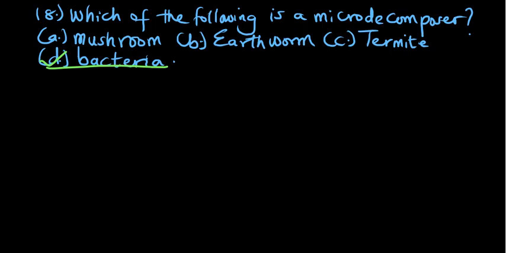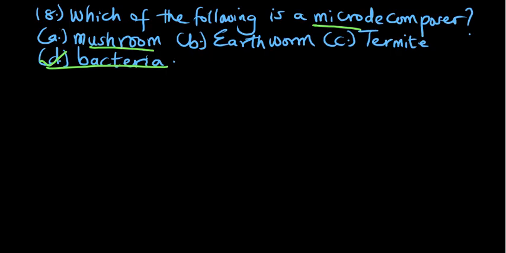Others like fungi, earthworm, termites, and millipede are big enough to be seen with unaided eyes. When they say something is micro, it is something very small. You know that bacteria is very small. Mushrooms are still large enough for you to see, but bacteria are very small, so they are micro decomposers.